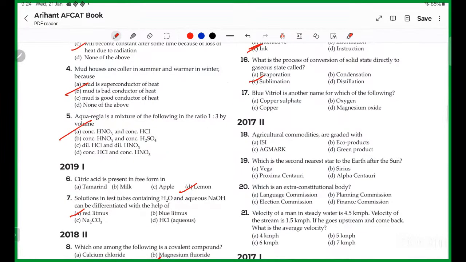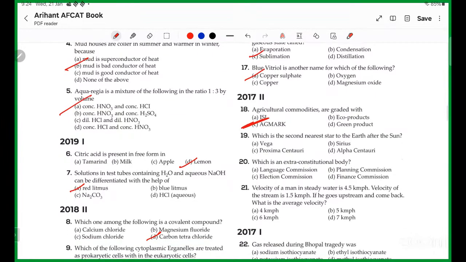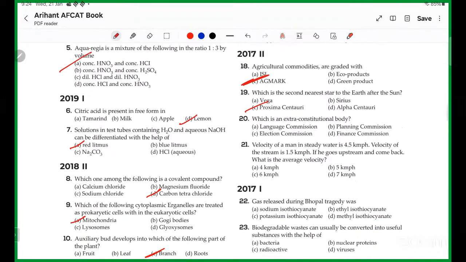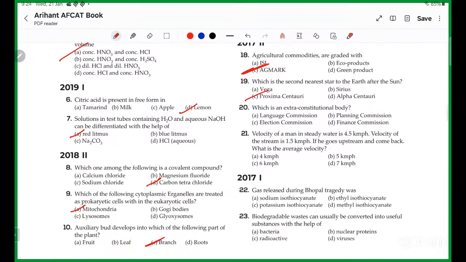Blue vitriol is copper sulfate. Agriculture commodities are graded with AGMARK. Which is the second nearest star to the Earth after Sun? It is basically Proxima Centauri. Which is an extra-constitutional body? Planning Commission.